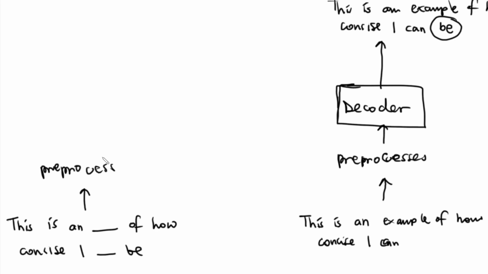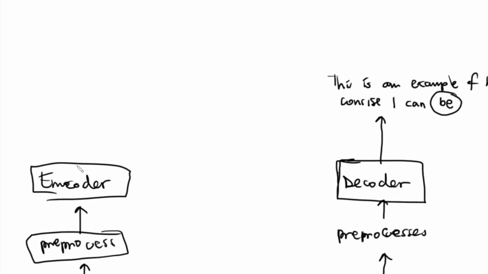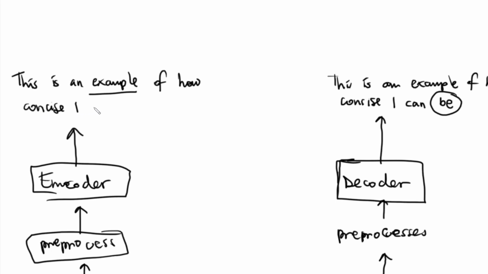Then it feeds it into the encoder, and the encoder model does everything that it does. At the end, BERT writes this is an example. It has filled in this word, an example of how concise I can be. So it has filled in these words that were masked.